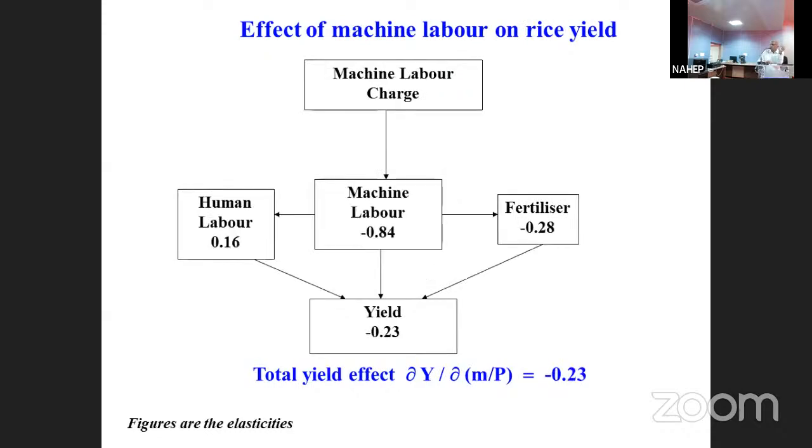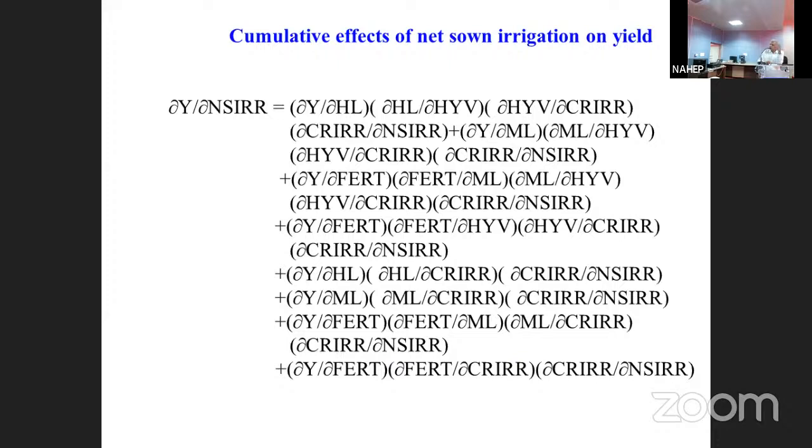Similarly, if you look at the machine labor effect, you can see irrigation helps increase production in many ways. First of all, if we start reading from end to first, in reverse: irrigation area affects the crop area. Crop area affects the fertilizer, and fertilizer affects the yield.